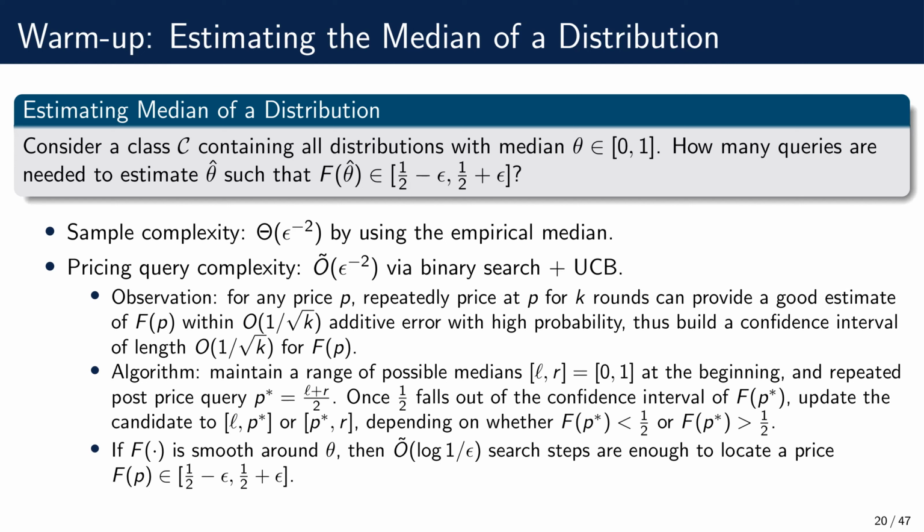Basically, we just maintain a range of possible medians, set to be [0, 1] at the beginning, and then we repeatedly post the price P star at the midpoint of the interval.